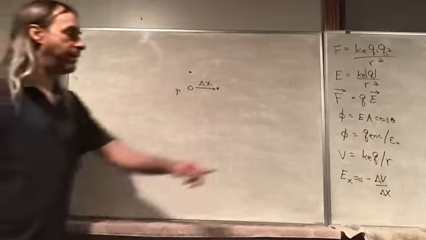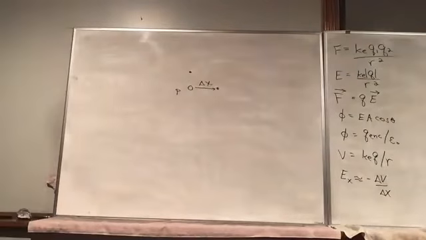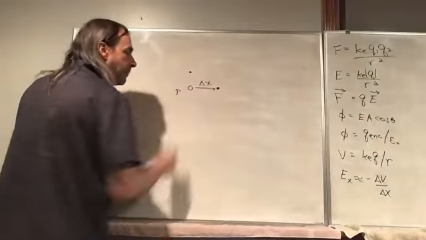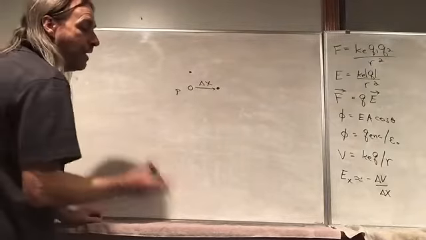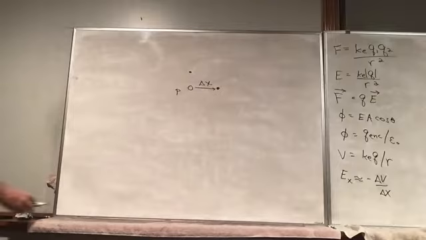Now, unfortunately, there is this approximately equal to symbol there. And that's because it depends on the delta x that you pick. However, if delta x is small, this becomes very close to being exact. And if you take the limit that delta x goes to 0, then the electric field becomes exact.